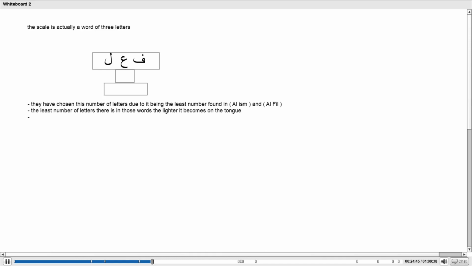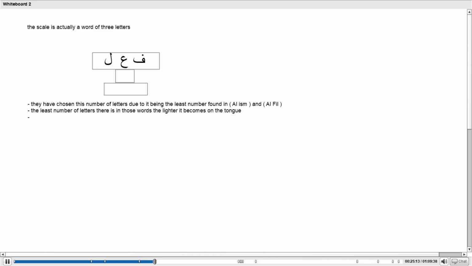The first. Is that clear? Why? Because since there are less letters in the first, it's easier than when there are 4 letters. Common sense. So, the least number of letters there is in those words, the lighter it becomes on the tongue.